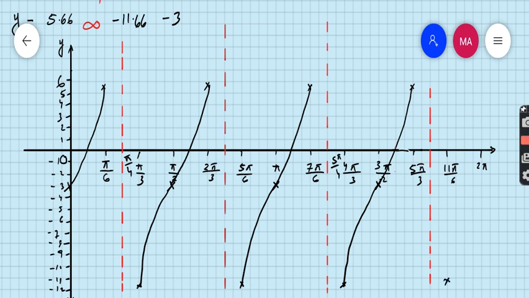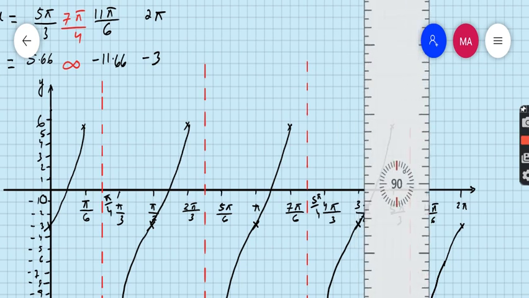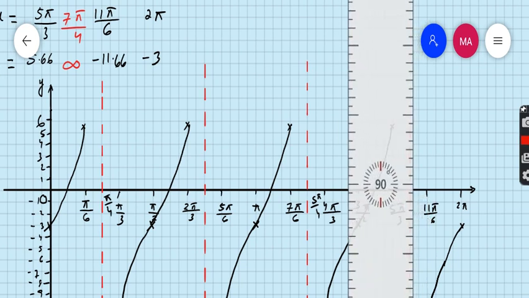And at 2 pi, the value is minus 3. Yes, I want to extend the last asymptote because it doesn't look good.